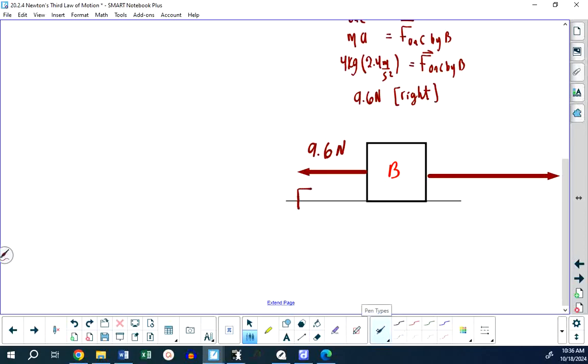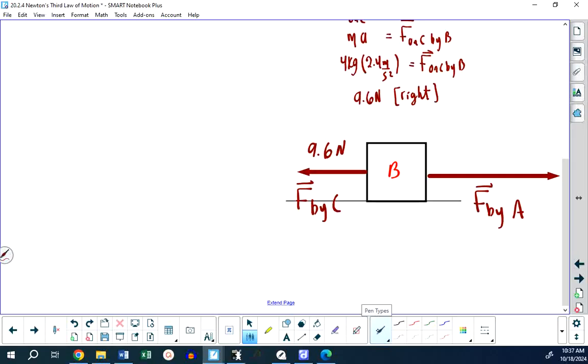This is the force by C. I'm not going to say on B because the B is right there in the diagram. This is the force by A. It has to be the force by A, because A is the only thing that's pushing it to the right. And A is pushing it to the right because I'm pushing A to the right.